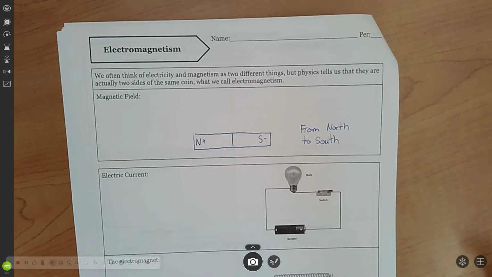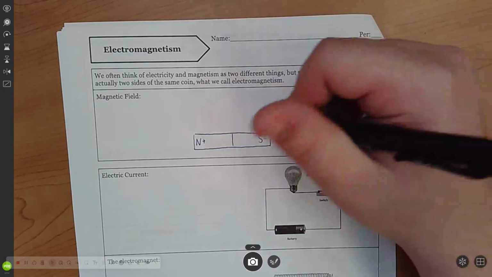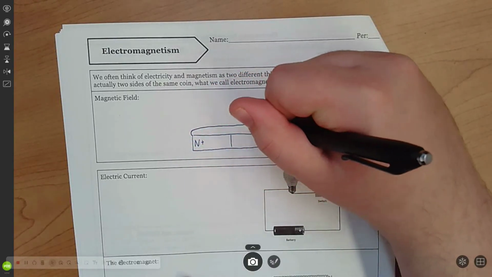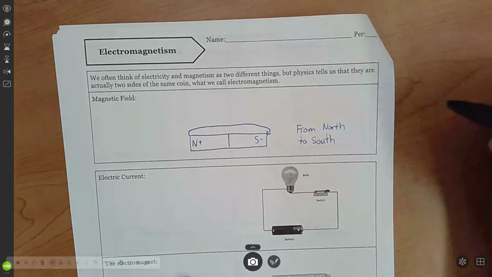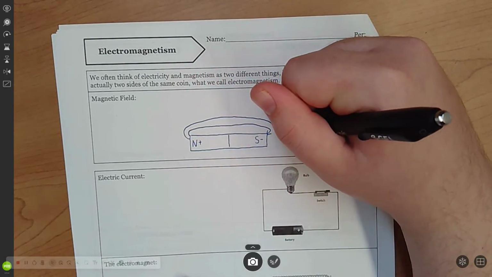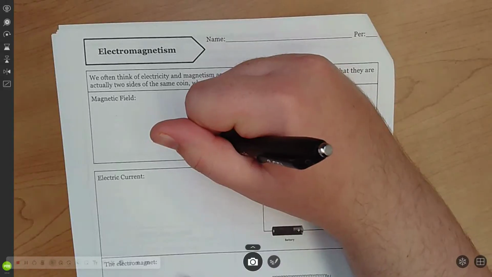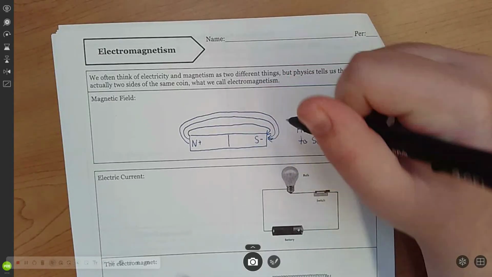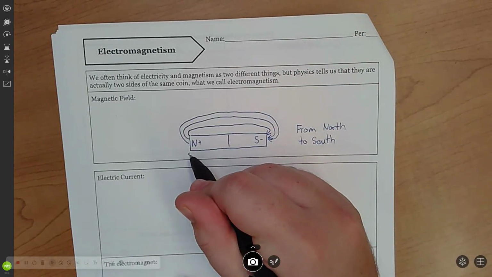So let's see what that looks like with lines here. So we're going to curve our first line up and around. And we're just going to have a bunch of lines that are kind of going around the magnet from north to south. Like that. And we'll do it along the bottom as well.